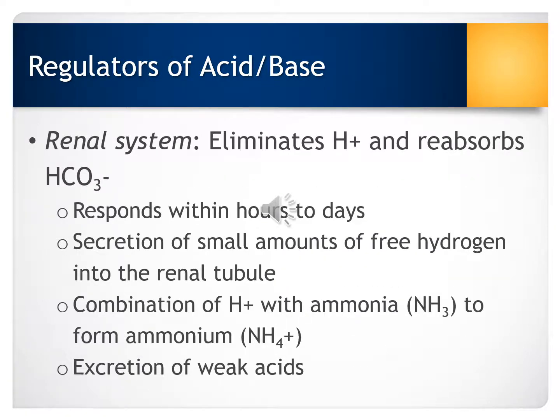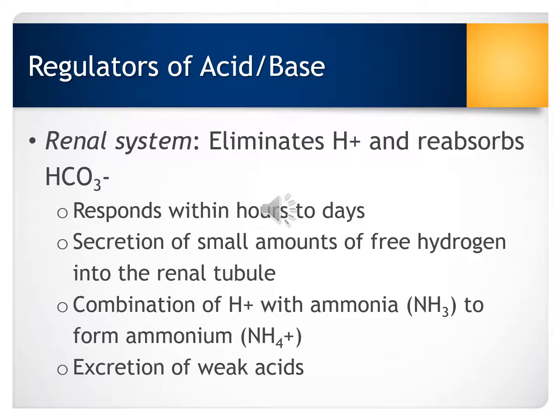If it is a respiratory problem that is causing the imbalance, the respiratory system loses its ability to correct the pH. Also, there are other times when the respiratory system is unable to correct the pH on its own, and then the renal system will kick in. The renal system will eliminate hydrogen and reabsorb bicarbonate, but typically it does not begin to regulate acid-base imbalance until several hours and sometimes days after the imbalance has occurred.